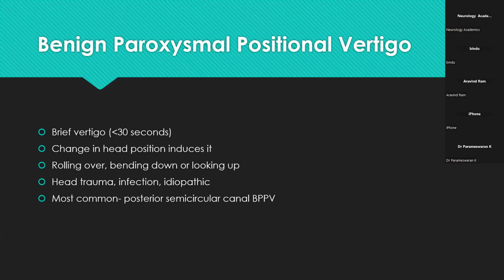It's a usual condition that presents with brief vertigo of less than 30 seconds and usually induced by changes in head position as well as rolling over, that is bringing the head towards the shoulder, or bending down or looking up. The cause is unknown, that is idiopathic, and it can be caused by head trauma or infection. The most common type of BPPV is the posterior semicircular canal BPPV.